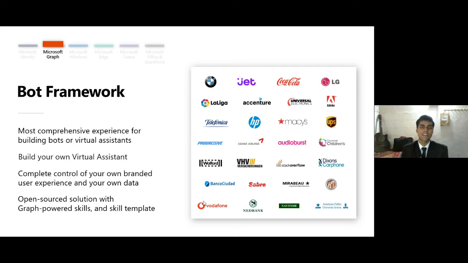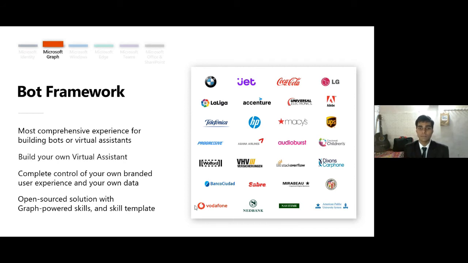So that's how we can get various experiences through it. We can brand our own bots, and we can train our own bots using the knowledge base. They will understand more, and such models can be utilized in a very efficient manner. And these are open source solutions, and they are graph powered. We can showcase multiple things using bots.